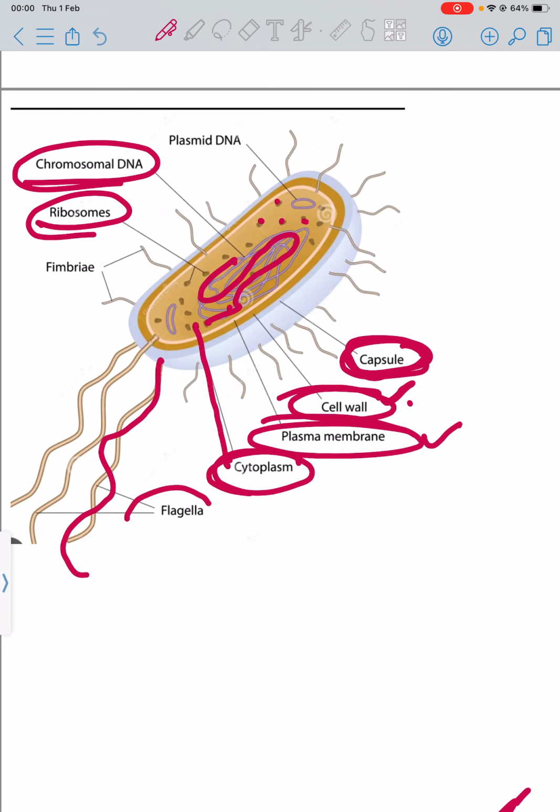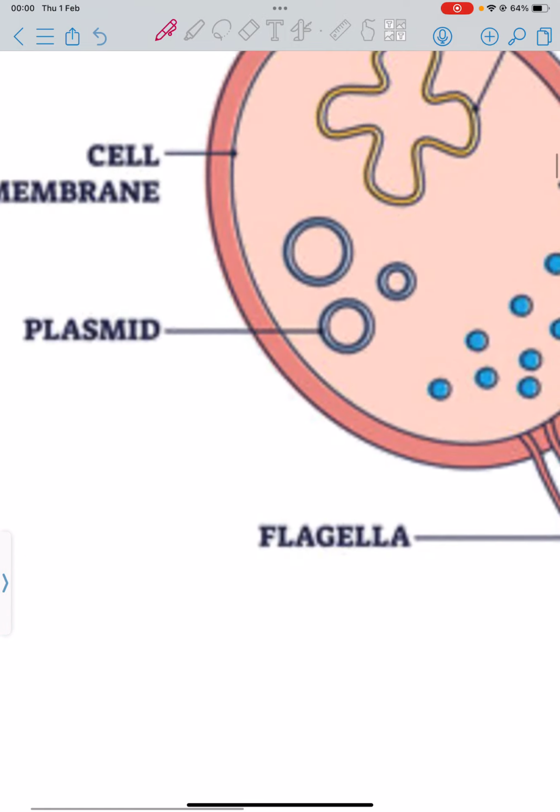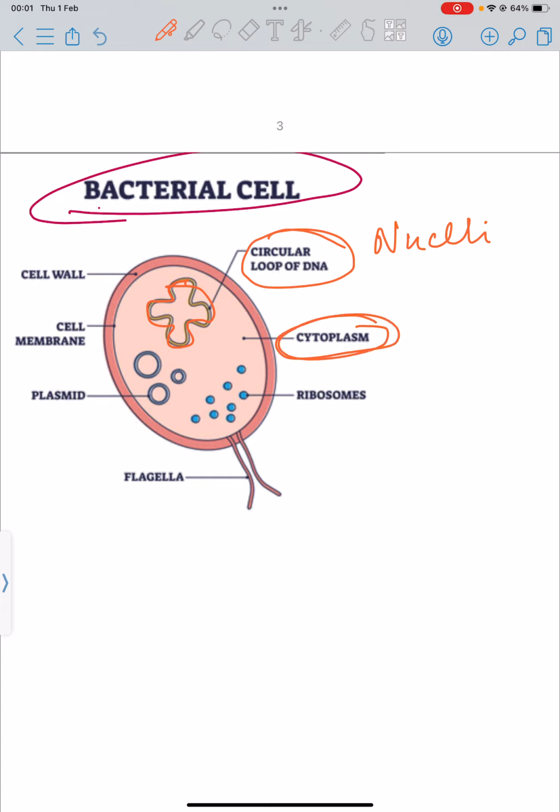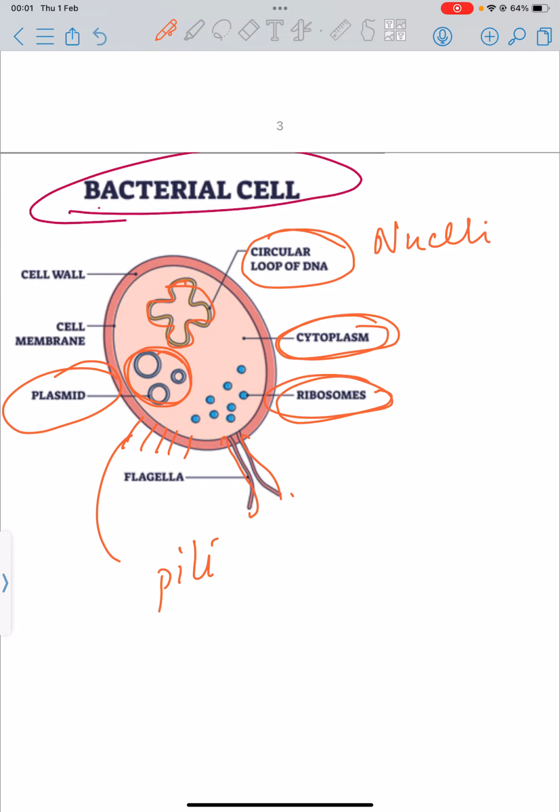Same thing. Now we'll look at a very simple diagram of a bacterial cell. This thing is DNA or nucleoid. This is cytoplasm, this is ribosomes, these are plasmids, we'll talk about them, and these are flagella, and if I had made something like this, it would be villi.